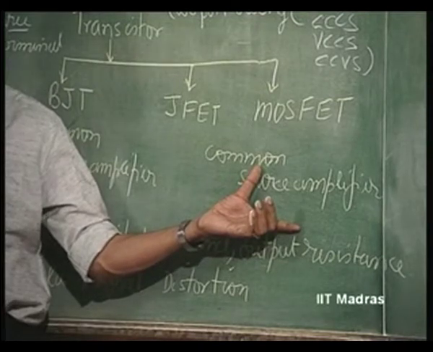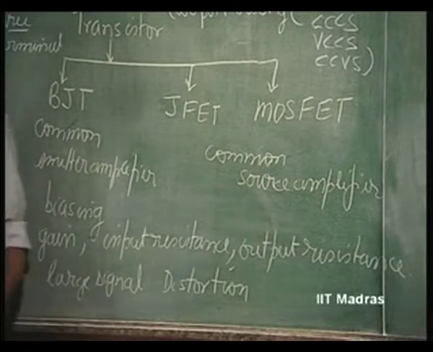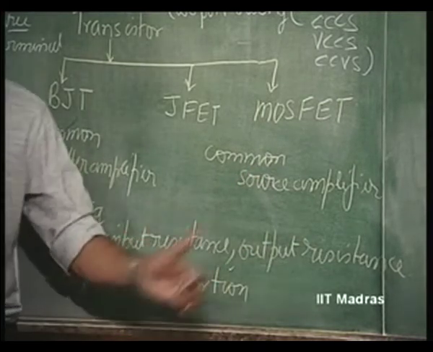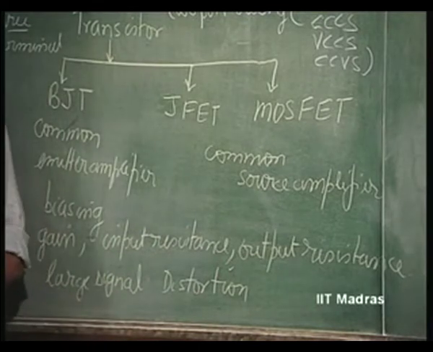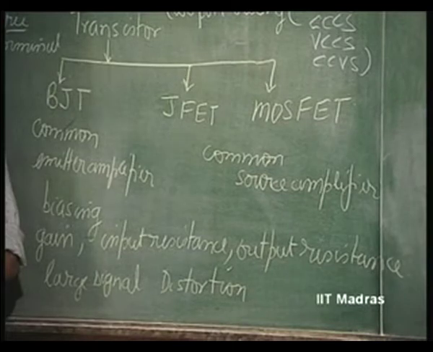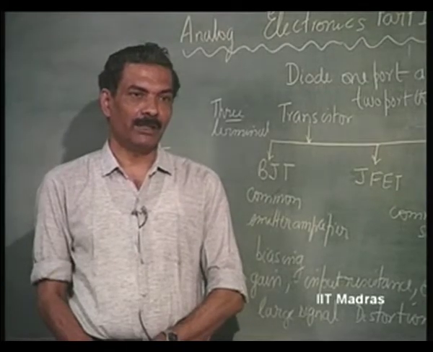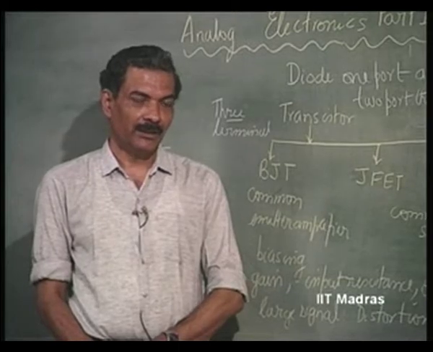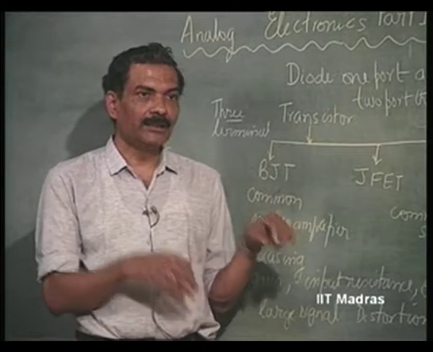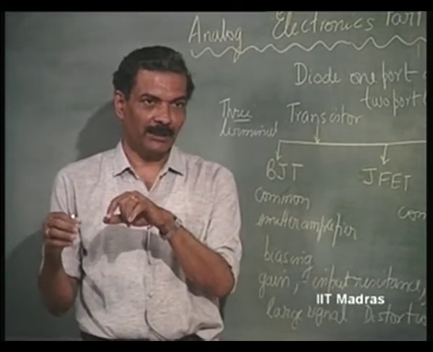Now the source current being fixed, and how to evaluate the gain, input resistance and output resistance from the small signal equivalent circuit of the field effect transistor, which is almost exactly the same as that of the bipolar junction transistor. VBE is the input voltage, and GM times VBE is the current source current in the case of a bipolar junction transistor.